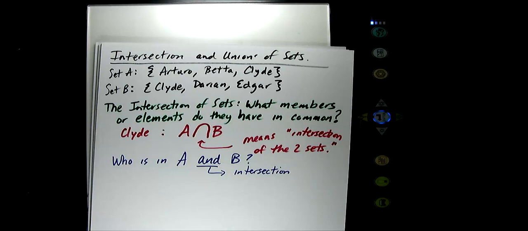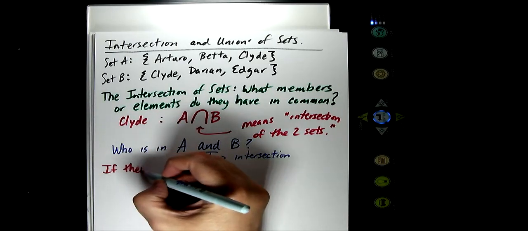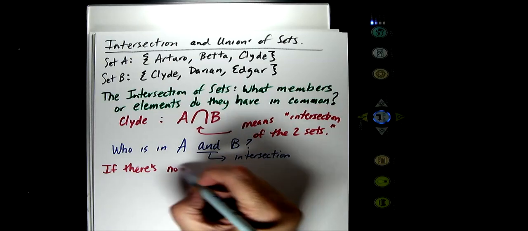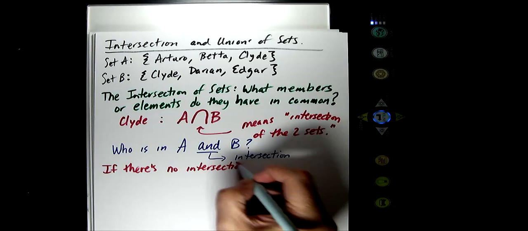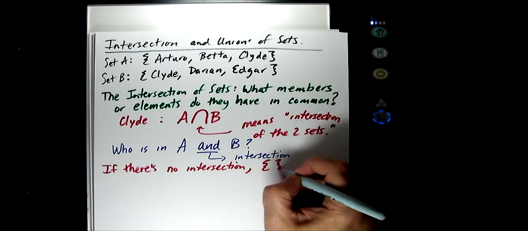Now, if there was no intersection, I think there's a question on that homework or the support quiz that has it. If there's no intersection, like they have nothing in common, they'll have you put just empty braces, nothing in it.